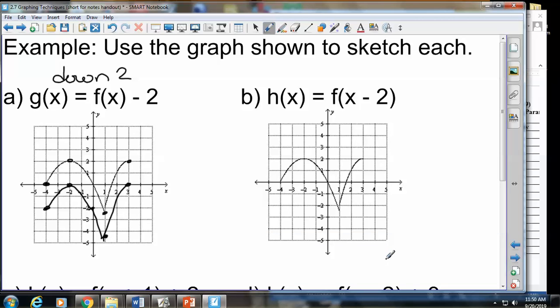What's the second one do? Right here. So again, just take nice points on the graph. Move each of them to the right.